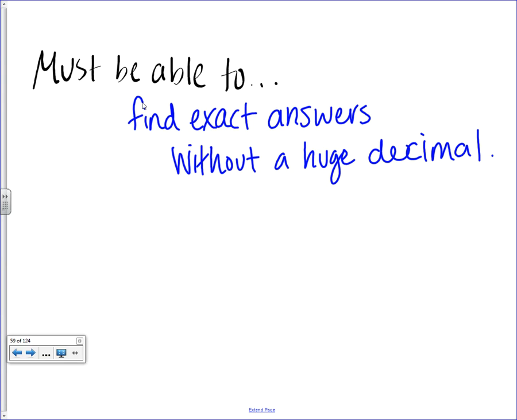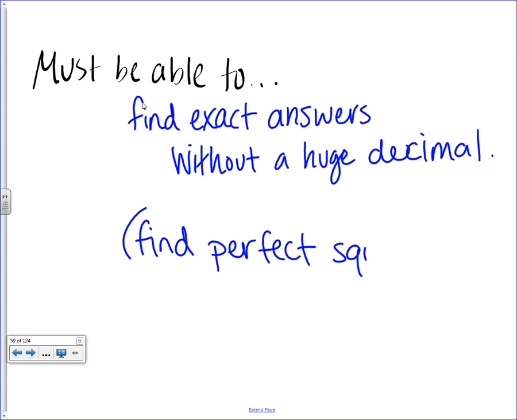We have to be able to find exact answers without a huge decimal, which means you have to be able to find perfect squares, which is why we wrote, well, I shouldn't say all of them, we wrote the first 15 of them. Okay, are you ready? Yes?